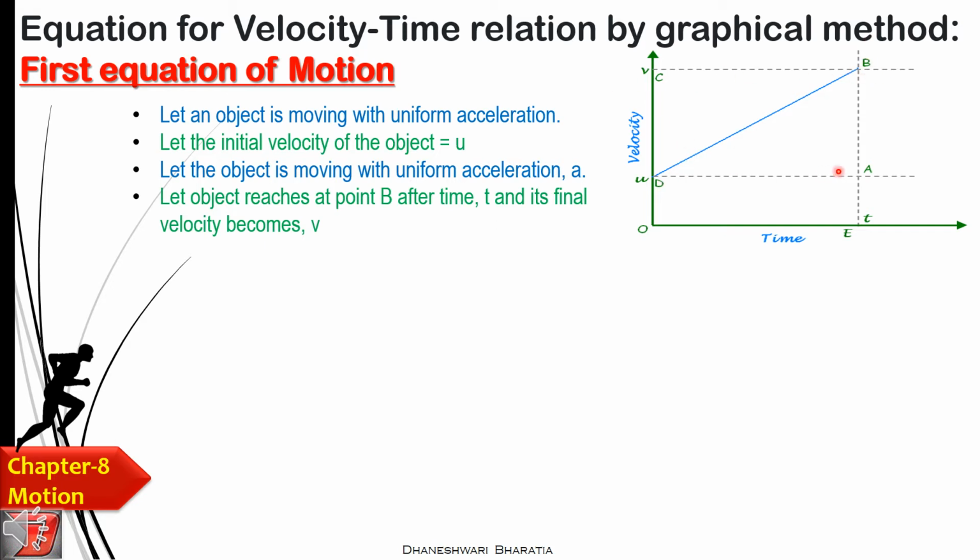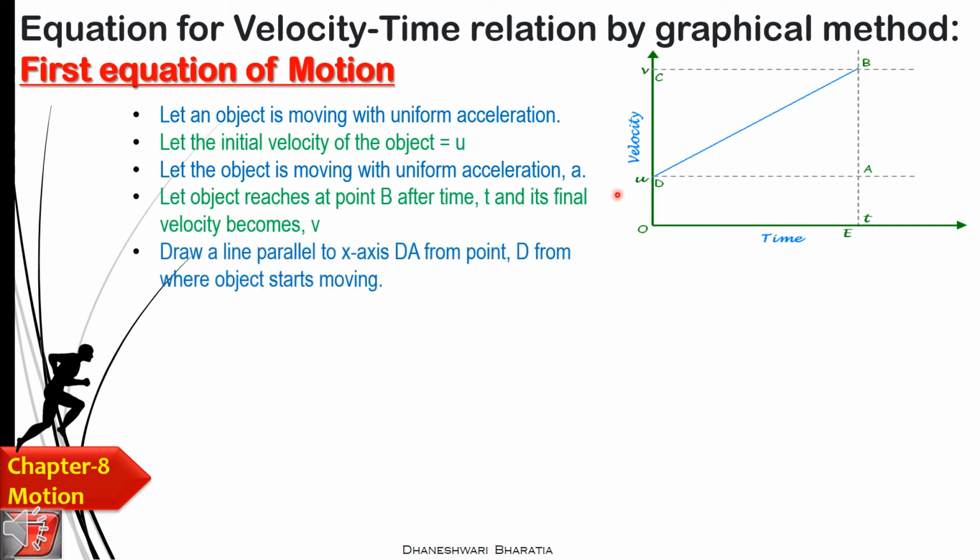Now we are going to draw a line which is going to be parallel to the y axis. यहाँ पे हमें ये line को join करना है where this particular line will meet the x axis at E, right? Have a look at this. From starting point D, we are going to draw a line which is going to be parallel to the y axis, but it will meet the x axis at point E. Fine.